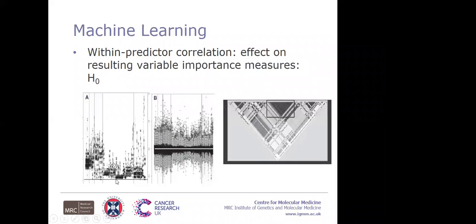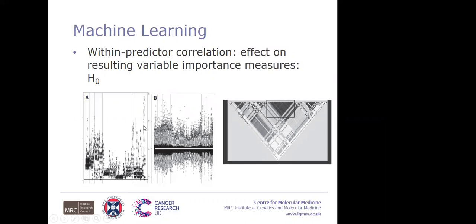The line here represents 0, and the line here represents 0. And this is under the null. So again, there should be no association between any of the variable importance measures and the outcome because it was simulated to be under the null. And again, these are box plots of the variable importance measure for each SNP across 500 replicates of the simulation.